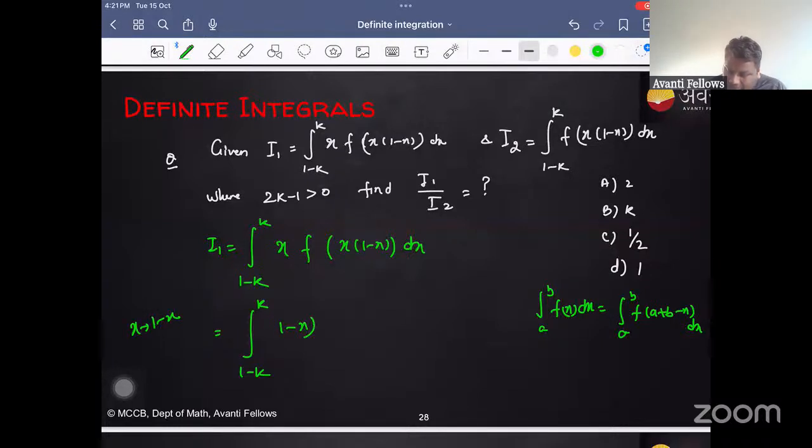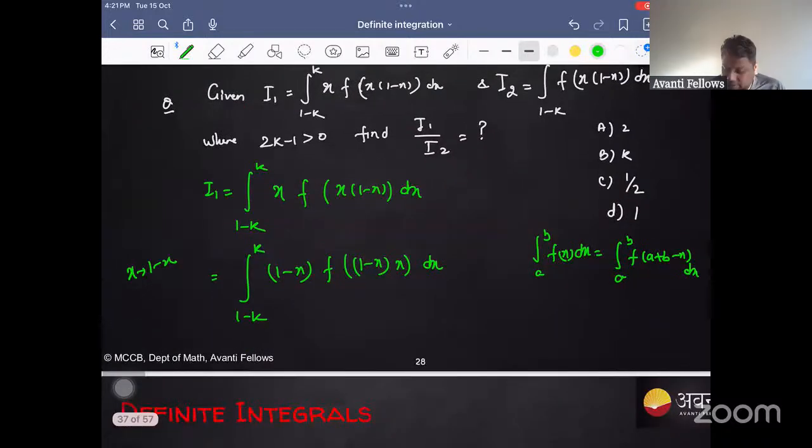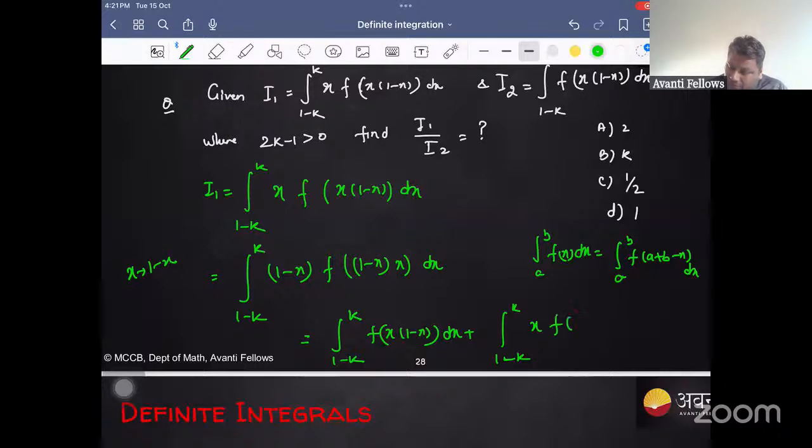So it is 1 minus x times f of, it will become 1 minus x, the other term will be x, dx. Got it? So it is the integration from 1 minus k to k of one term f of x into 1 minus x dx plus the other term x f of x into 1 minus x dx.